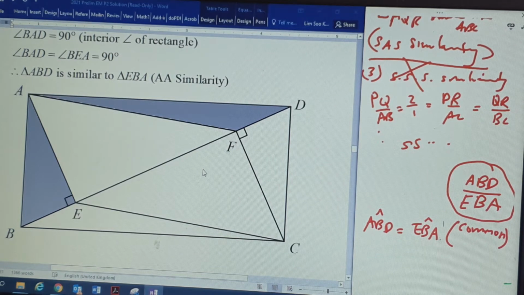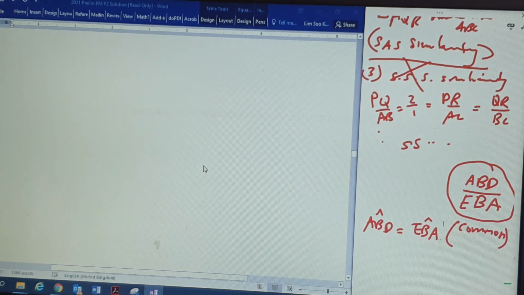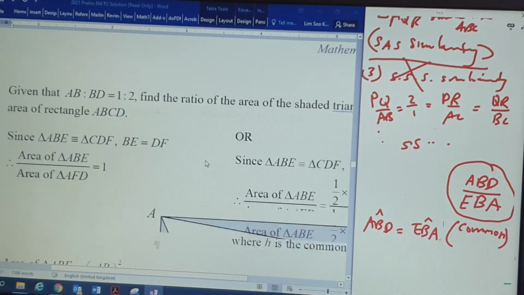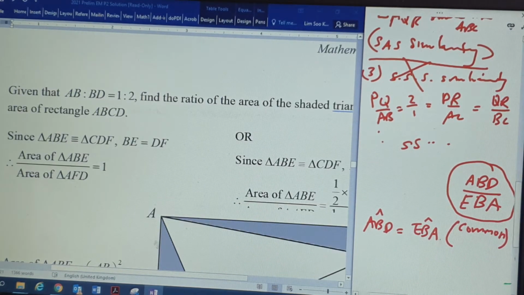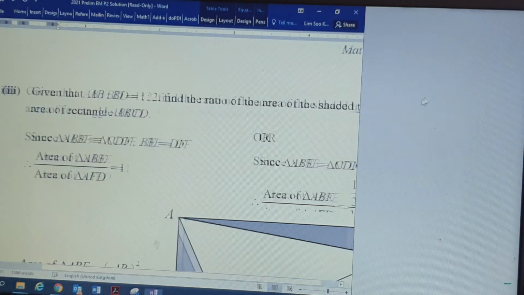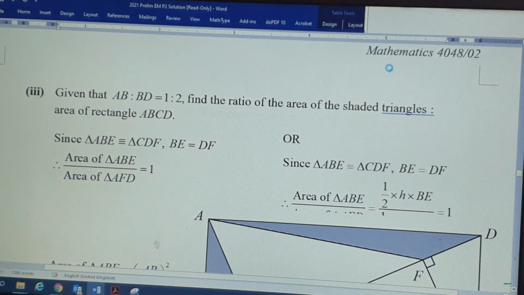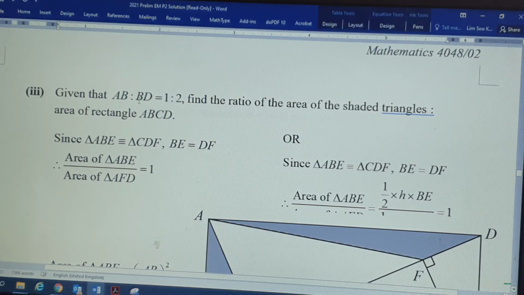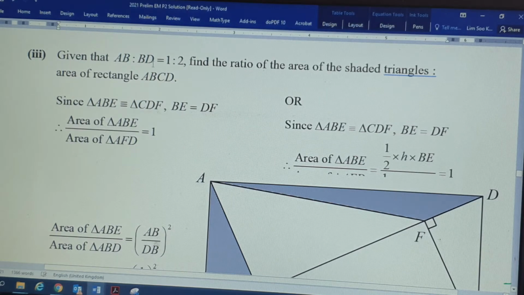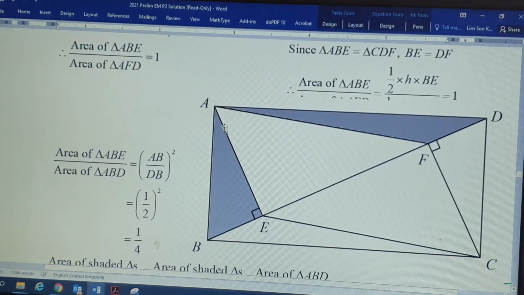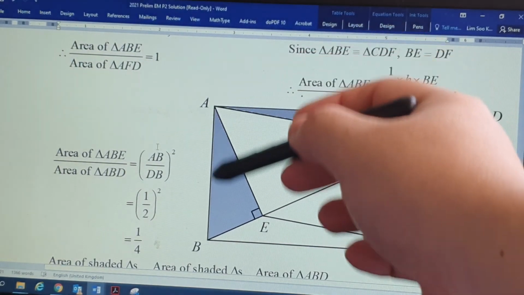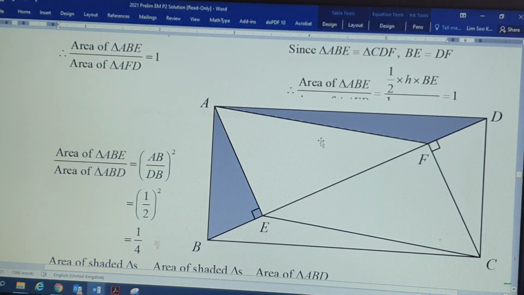Okay, the next part is this. Let me close this fella. Now the next part is they tell you AB is to BD is 1:2. Meaning this is 1, this is 2. Let me write down here.